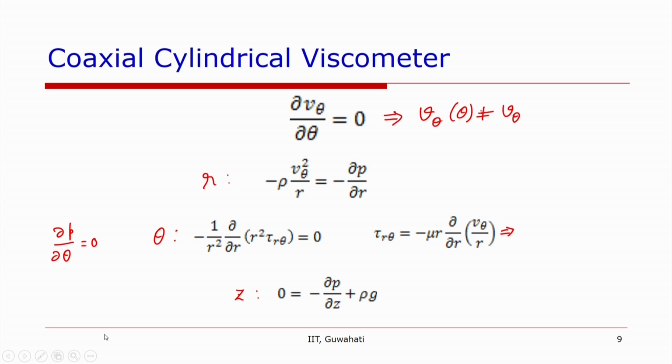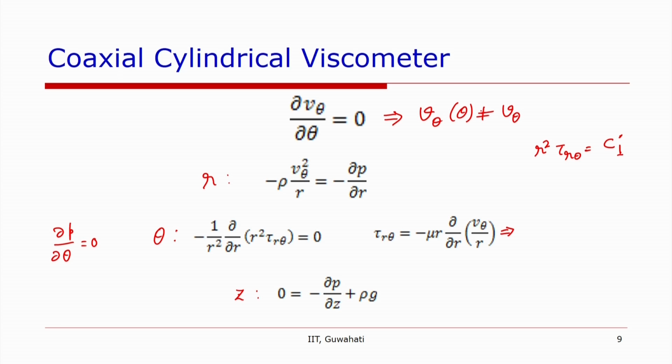We can substitute tau r theta, so we will get r square tau r theta is equal to a constant, say C1 dash.